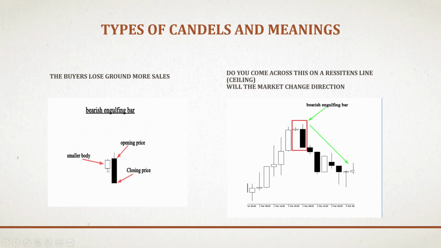The market is going up and the buyers are in control here. At this point there was a resistance line and the buyers no longer had control. They went a bit over the resistance line, but the sell pressure came too much for them and the sellers gained control again. So the market went down again and the closing action was here. If the market closes here, that would be a perfect entry to put a sell order.